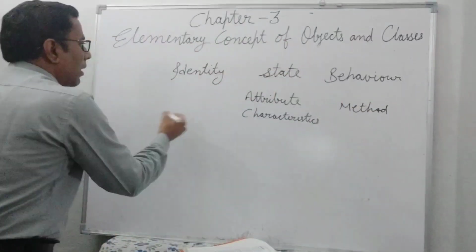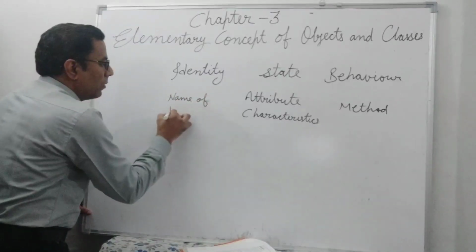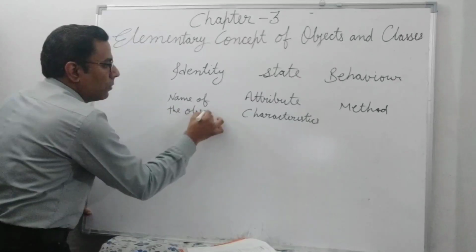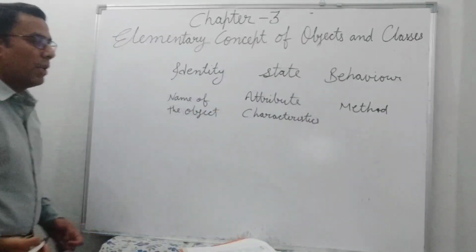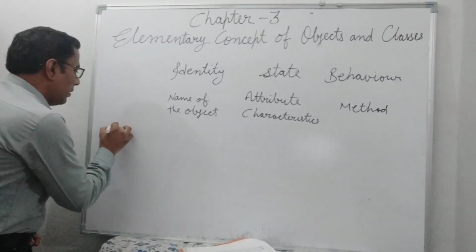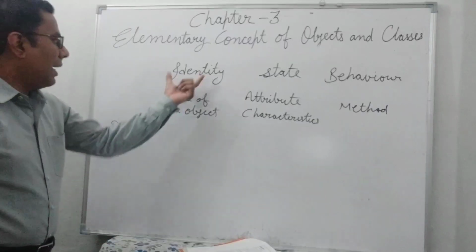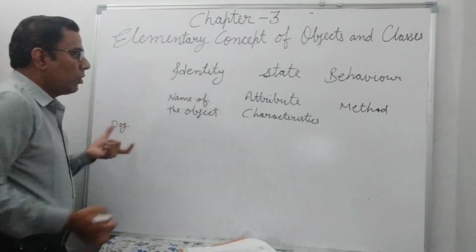Here identity means the name of the object. For example, I am creating an object and the object name is, suppose, dog. So identity means the name of the dog.